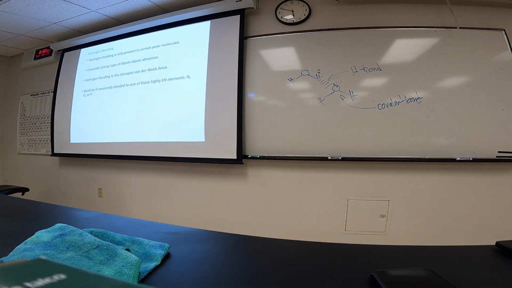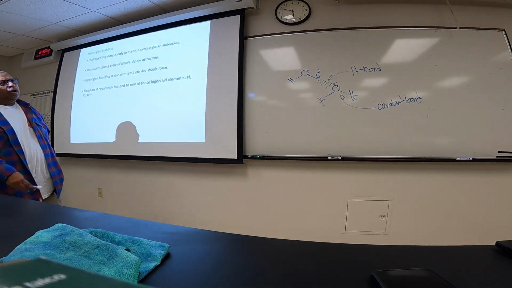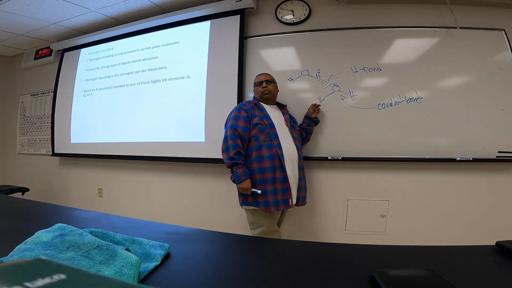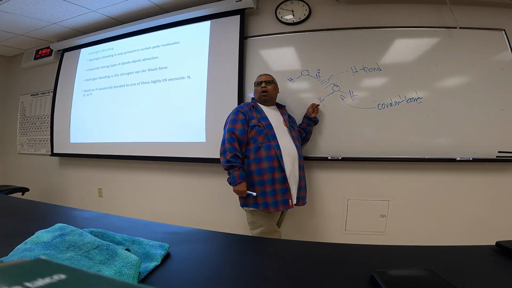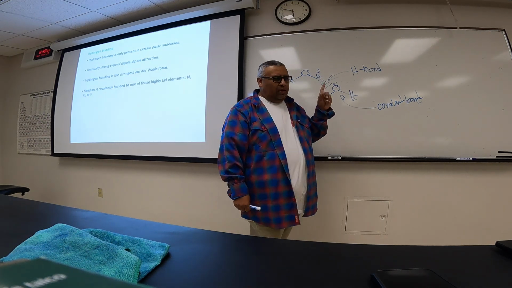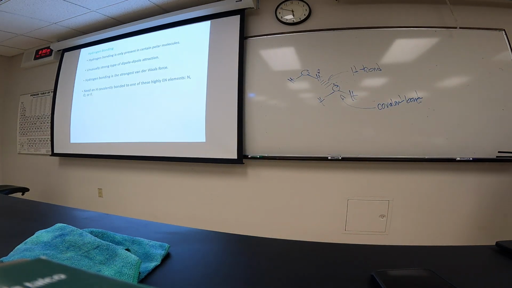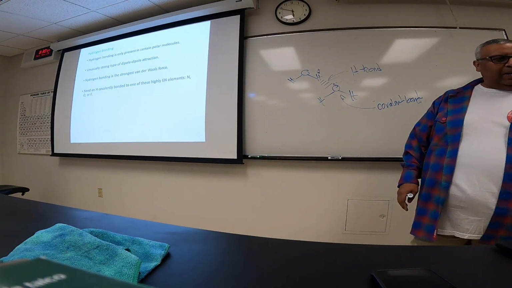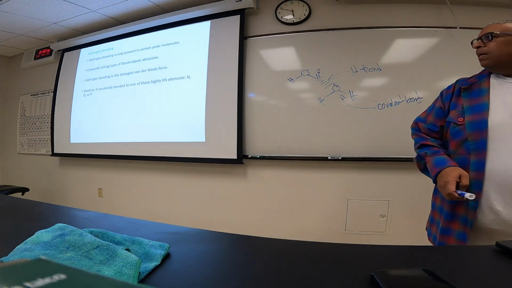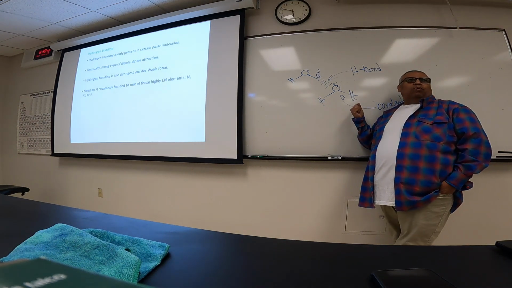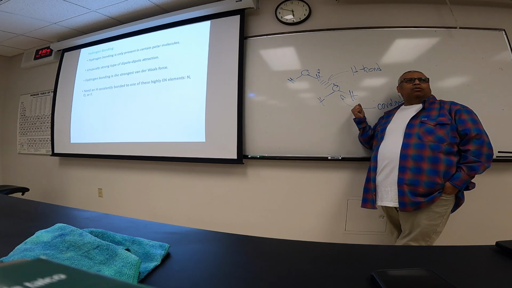So generally for hydrogen bonds, not all molecules, even though some molecules can contain hydrogen, simply containing hydrogen isn't enough for a hydrogen bond. Hydrogen bonding occurs with highly electronegative elements.